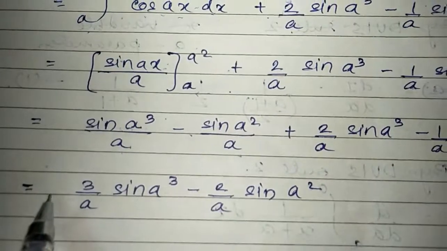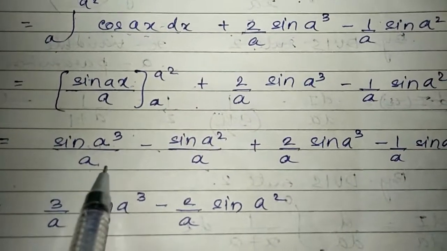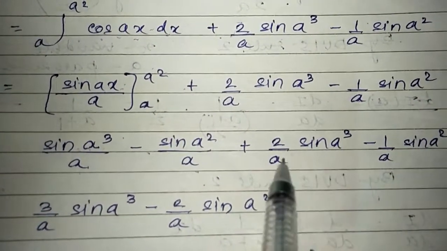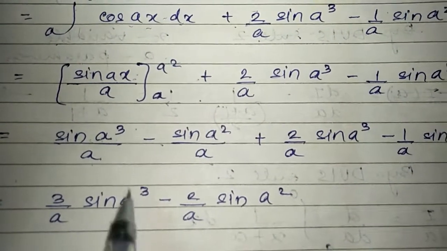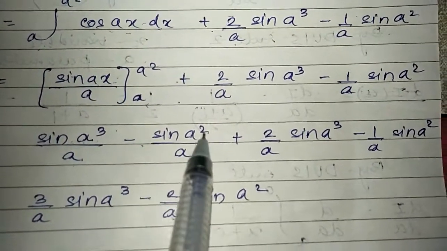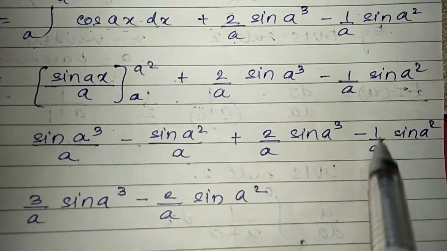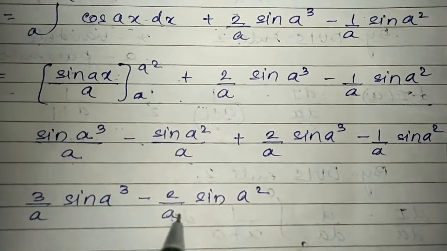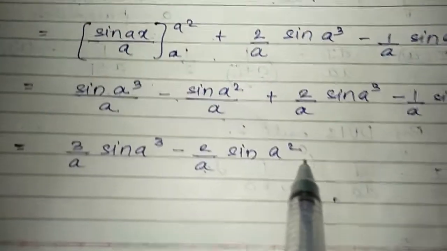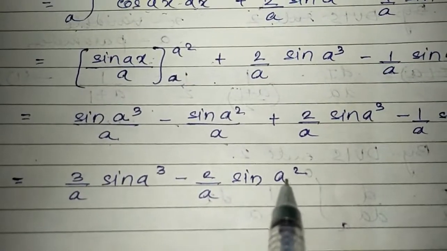So here we have sine of a cube upon a plus 2 times sine of a cube upon a, that is 3 upon a sine of a cube, and minus 1 upon a sine of a square minus 1 upon a sine of a square. These two terms together give minus 2 upon a sine of a square.